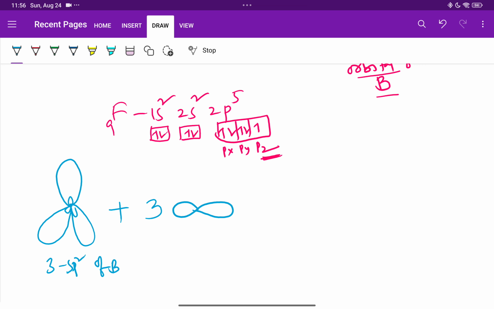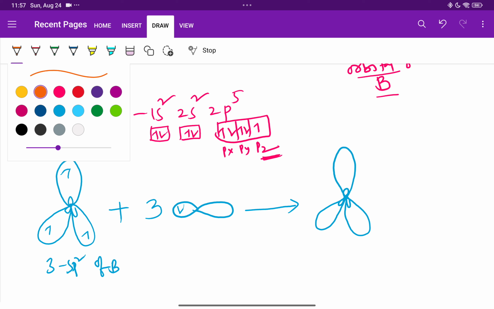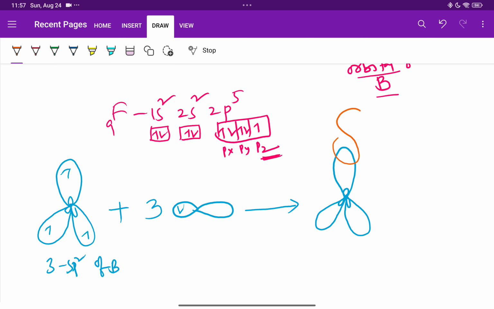So you can draw the dumbbell anyway. So here 3 electrons are there. I am taking anti-clockwise here. Then here the overlapping, end overlapping, I am going to show you for BF3. It is 1 pz of fluorine, it is another pz of fluorine, and it is another pz of fluorine.